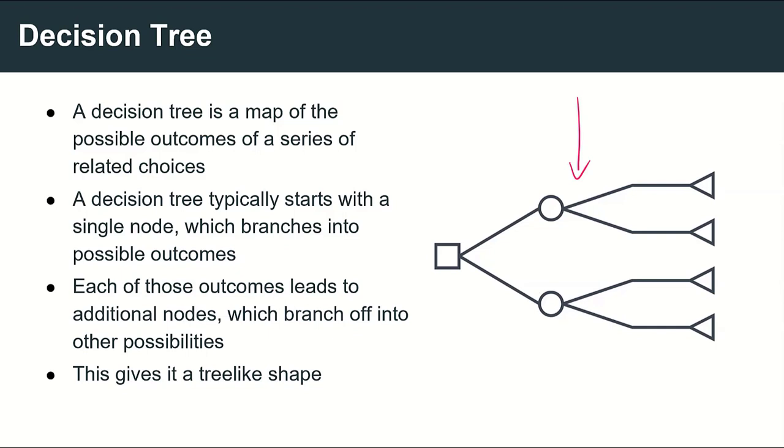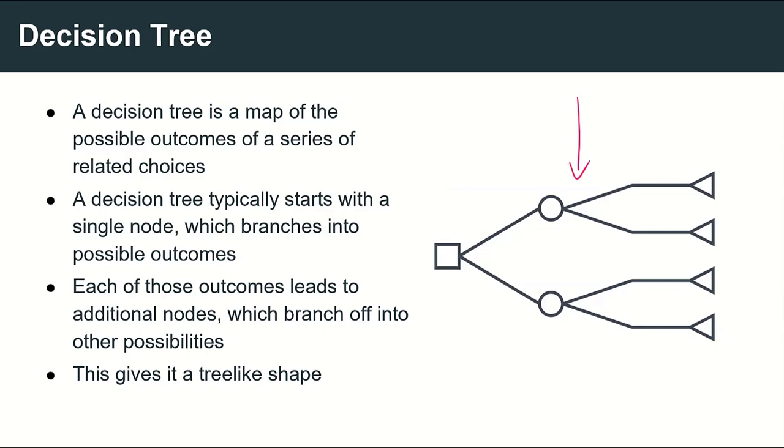Here it's a horizontal tree. However, if you rotate it to the left by 90 degrees, then it is kind of a tree shape. So it's a map of possible outcomes of a series of related choices. And it starts with a single node. So this is a node here. It's also a node here. It's also a node there. So those are nodes.